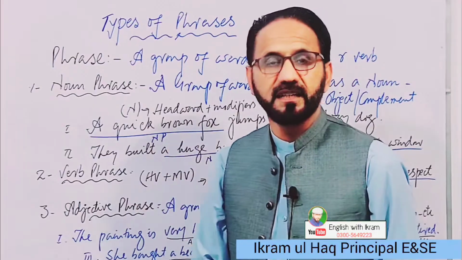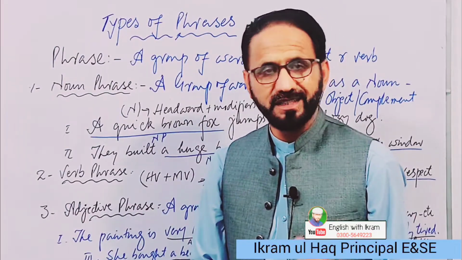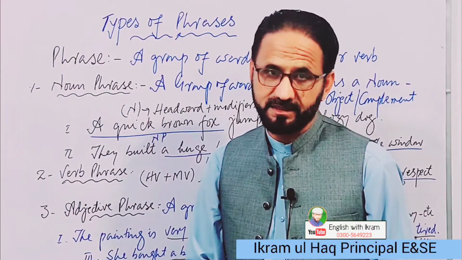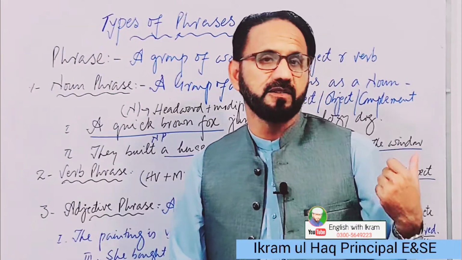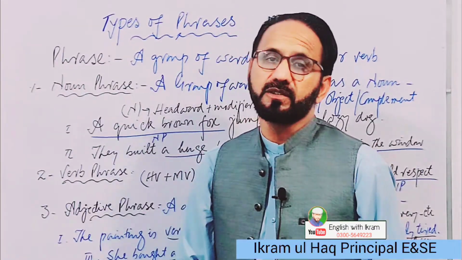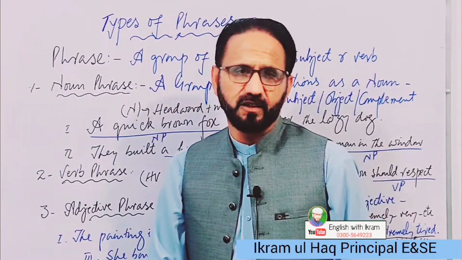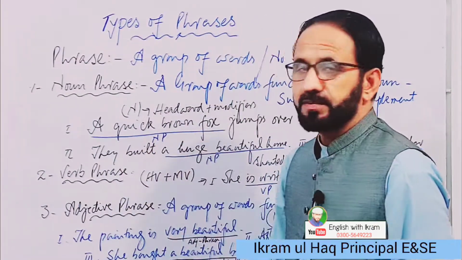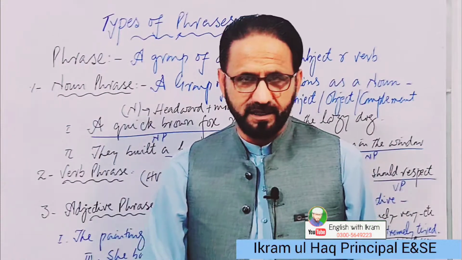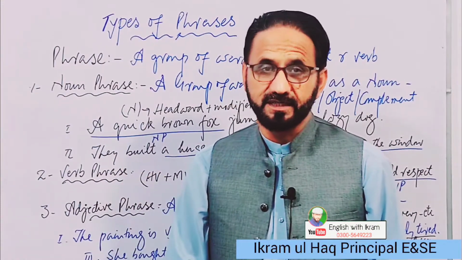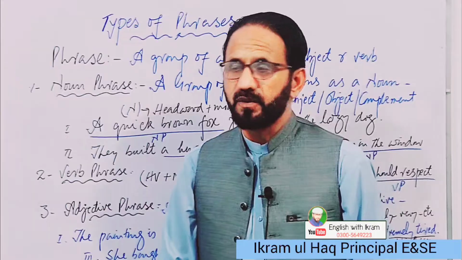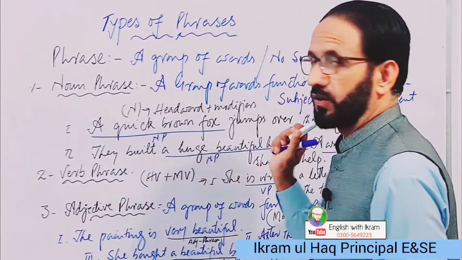So a noun phrase is a group of words that function as a noun in a sentence. It may be a subject, it can also be an object, or it can also be the complement of the subject. Let's take a few examples for your clear concept. For example, a very common sentence that is normally used for handwriting: a quick brown fox jumps over the lazy dog.